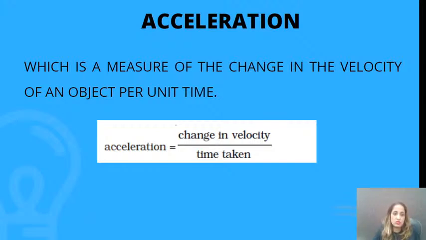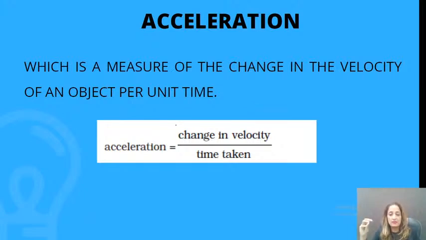So acceleration is, as I said, when an object is moving, but it is not moving with a uniform speed or uniform velocity. Let's say its velocity is always changing over a period of time. How do we define it? It's a measure of the change in the velocity of an object per unit time. Let's say a car is moving on a straight line.